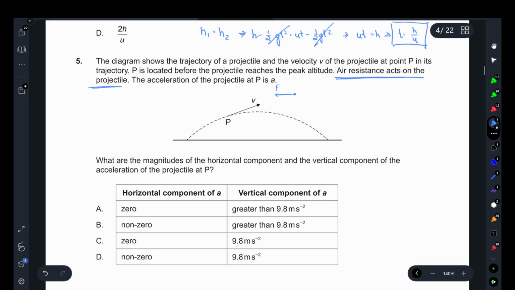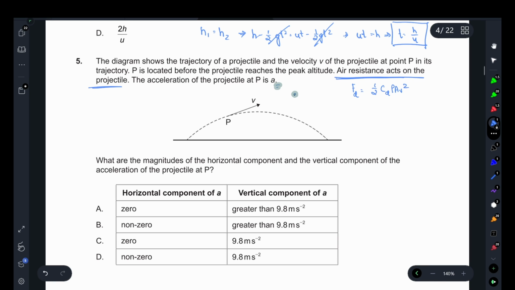So let's call this force Fd. Now, for those of you who are familiar with air resistance, you would know that Fd is equal to half C_D rho A v squared. This isn't exactly important, but it might help visualize some of the next parts.